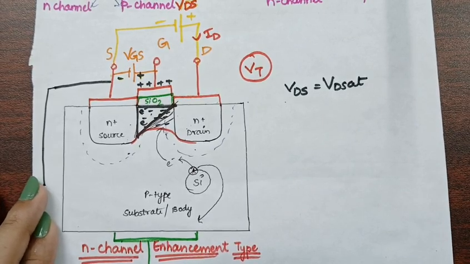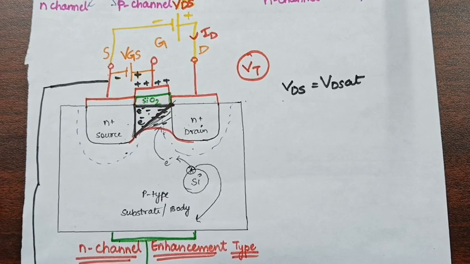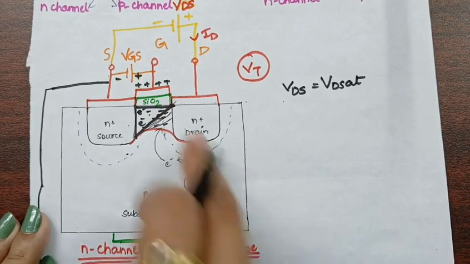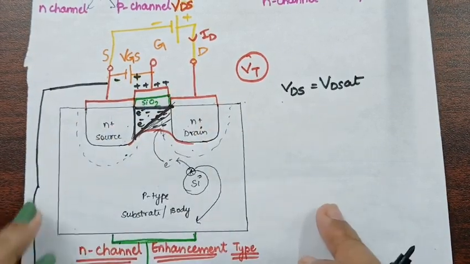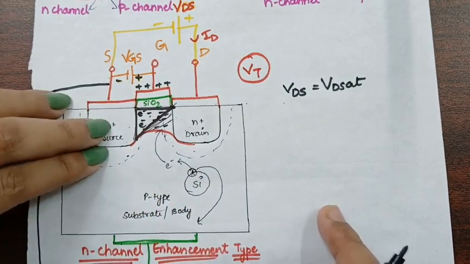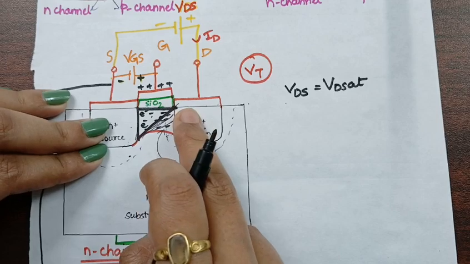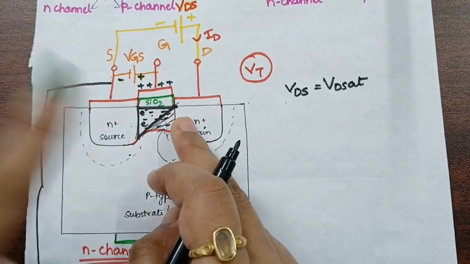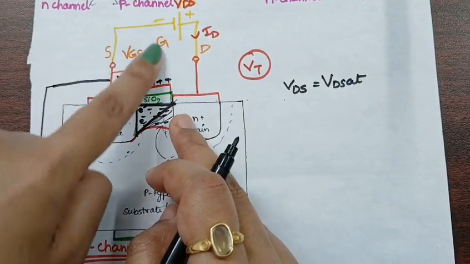Got it? Now the question arises, as it is in the saturation mode, how will there be further flow of current? To further increase the flow of current, we have to increase the channel. And again, how to increase the channel? By increasing the value of VGS.